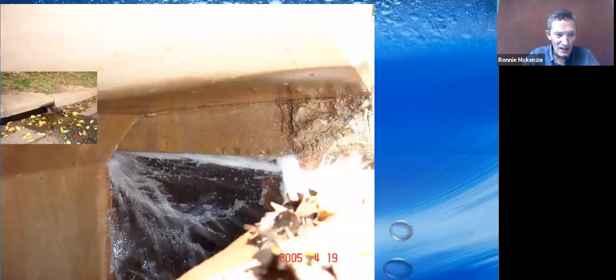And last of the leaky pictures. This is a stormwater drain at the side of a road. If you look in the small picture on the left there, you can just see the water in a bit of a damp patch. It wasn't really causing a lot of problems.